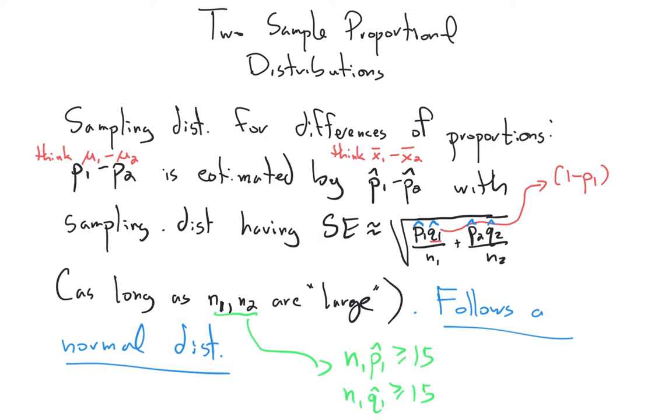And it needs to hold for that second sample as well. N2 times P2 hat has to be greater than or equal to 15, and N2 times Q2 hat has to be greater than or equal to 15. So there's 4 different things you have to check here to make sure that this sampling distribution is indeed approximately normal. So let's do an example and we'll see how this works.